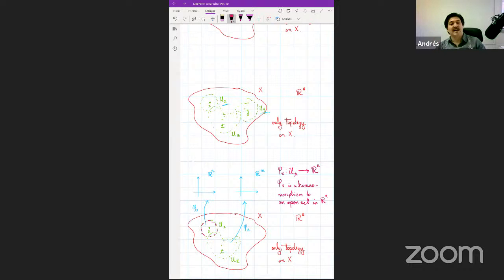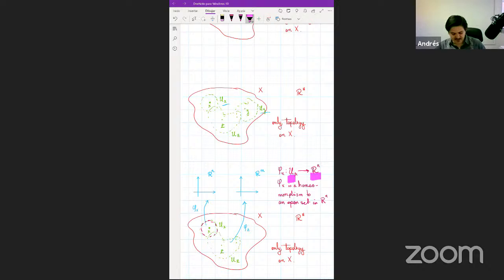Okay, so X is a topological space. The concept of an open set makes sense, but we are going to require more. So for every point, I'm going to require that there is a neighborhood, which I call U sub X, and a homeomorphism between that open set and some open set in Rn.